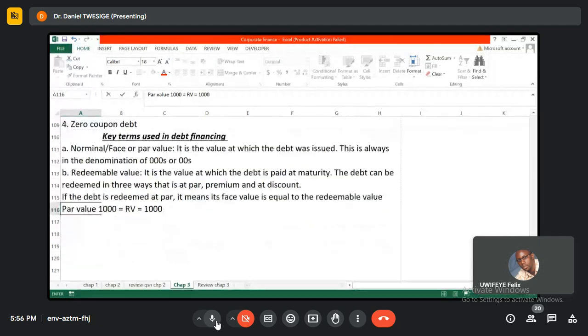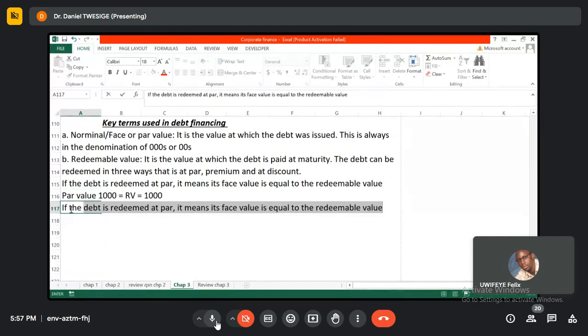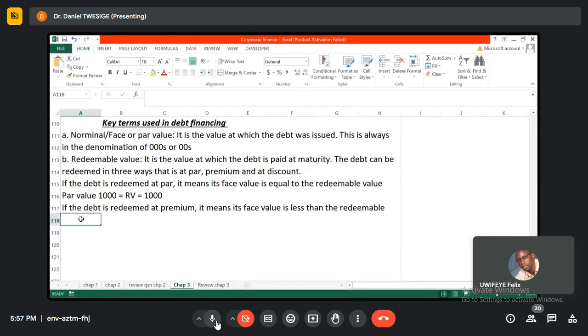Now, if we say that the debt is going to be redeemed at a premium, so if the par value maybe is 1,000, the redeemable value can be maybe 1,100.